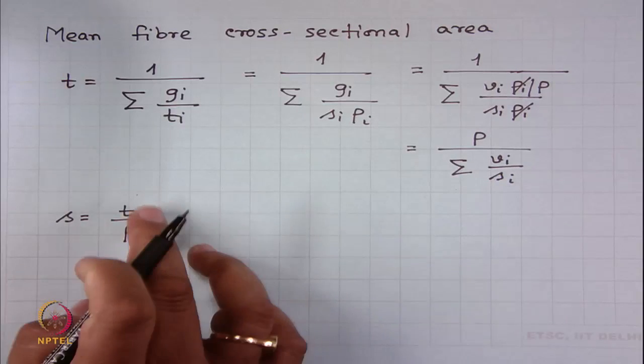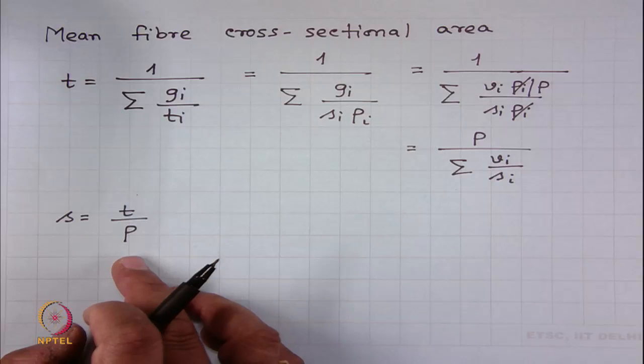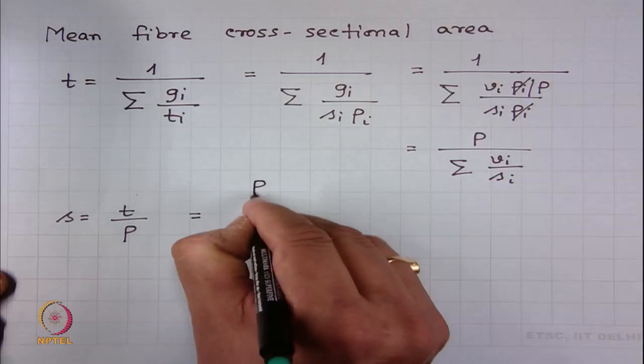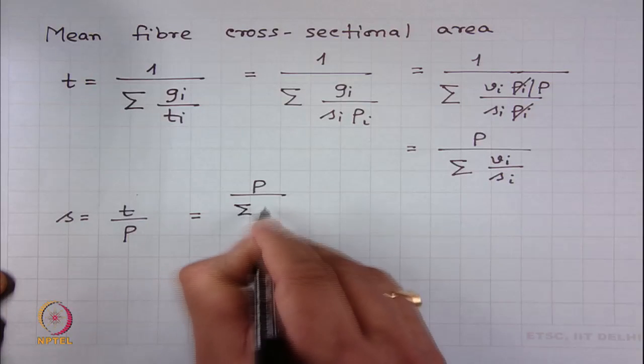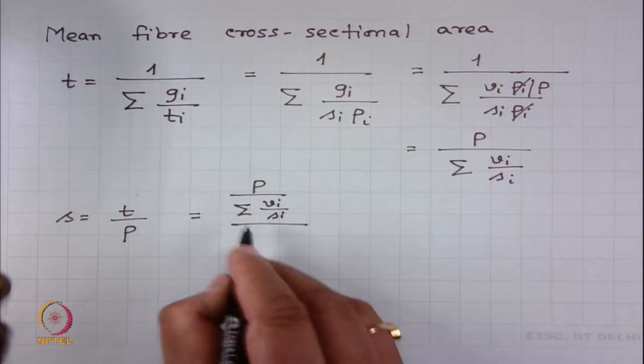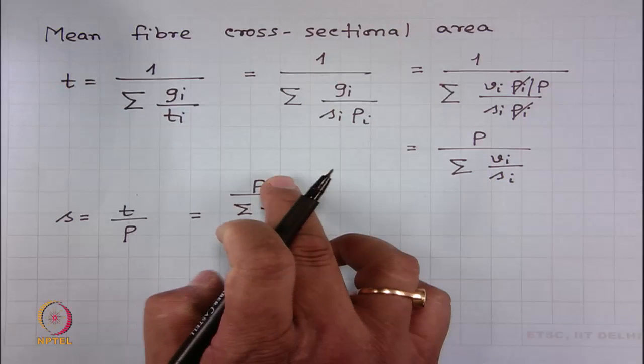What is T? T is mean fiber fineness of the blend. What is rho? Mean fiber density of the blend. Now, if we substitute rho divided by volume fraction by cross sectional area, and what was rho? Let us keep it as rho. So, this rho and this rho will cancel out.